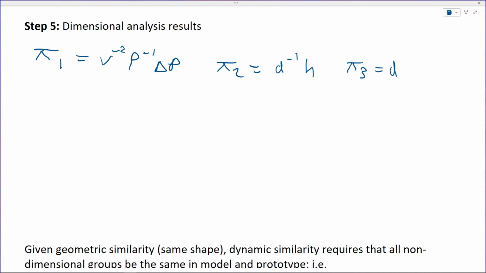And then here we got D minus 1, V minus 1, rho minus 1, and mu. So that's what we have here.